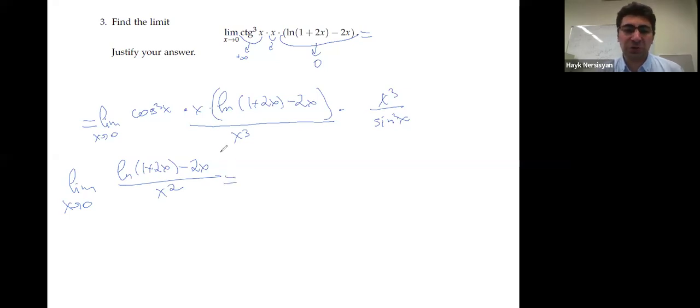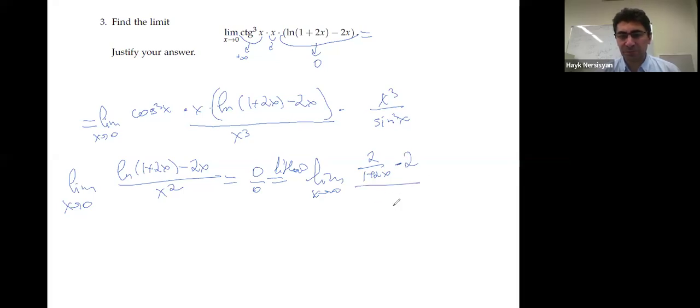Let's not invent something very smart, just apply L'Hopital's rule, because here we have 0 over 0. L'Hopital applied here gives, as x goes to 0, 2 over (1 plus 2x) minus 2, divided by 2x. If we plug in 0, we get again 0 over 0.